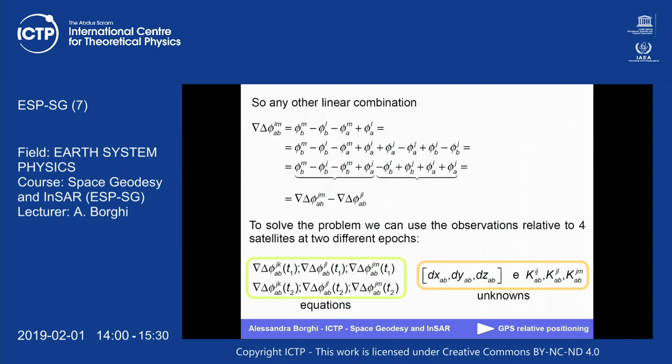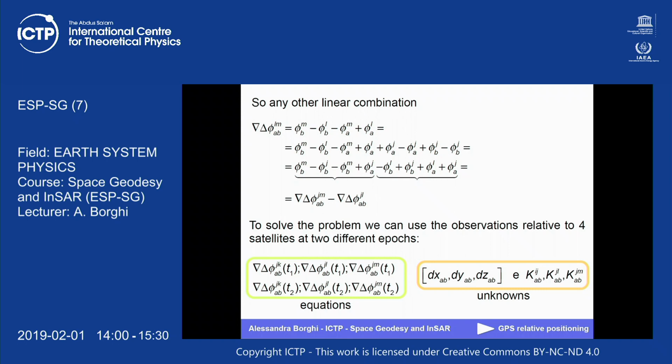But any other combination, so if you take, for instance, another pair of satellites, for instance L and M, we can see in a very simple way that it is given by a combination of the double differences that we have seen in the previous slide.